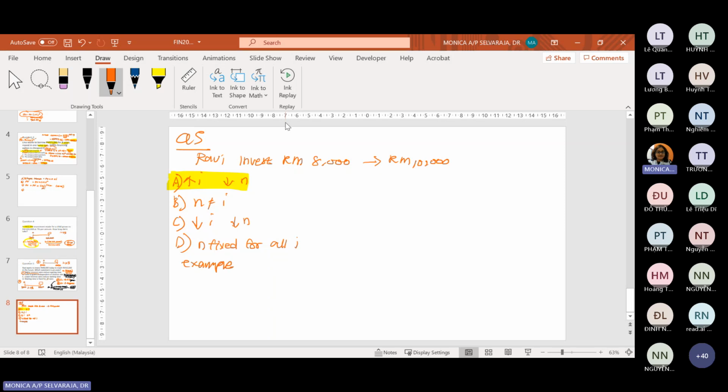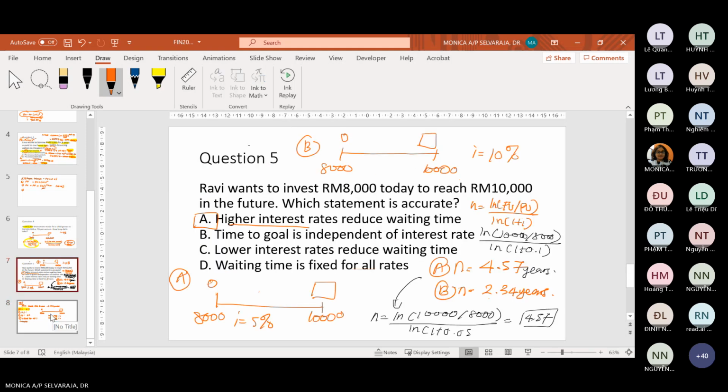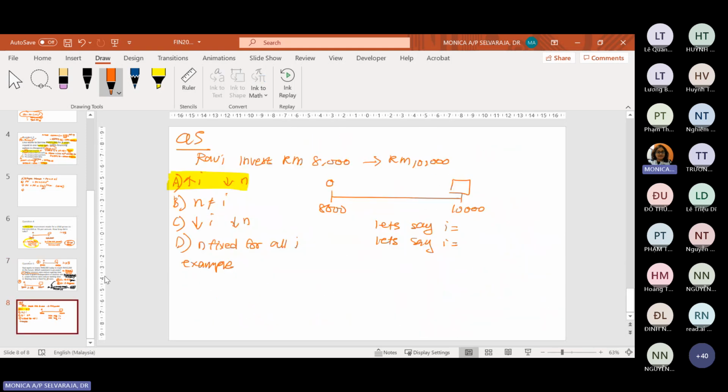We have two scenarios. 8,000, I invest 10,000. Let's say I is equal to 5% or 10%.